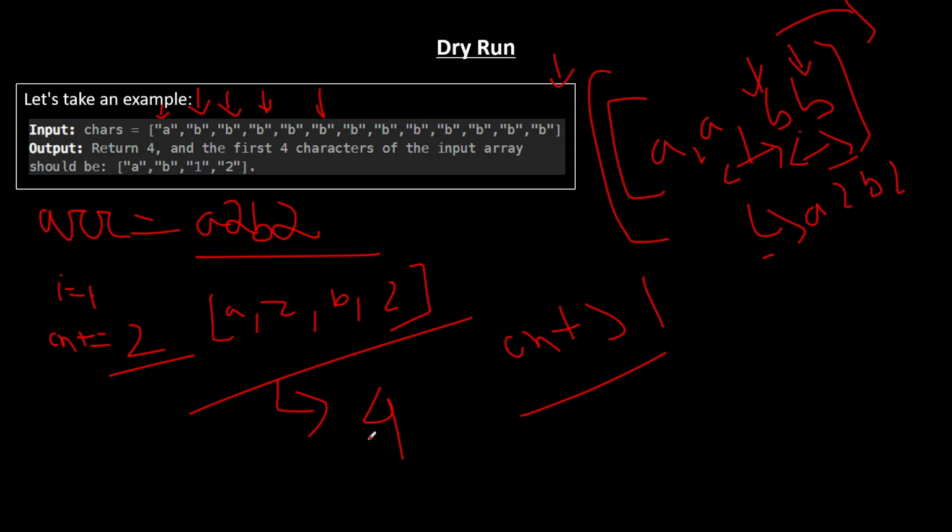So I hope you understood the dry run. If you have not understood it properly, please watch the approach, intuition, and dry run again and try to solve one or two dry runs by yourself. And I guarantee you will understand this problem. Now let's move to the next slide.